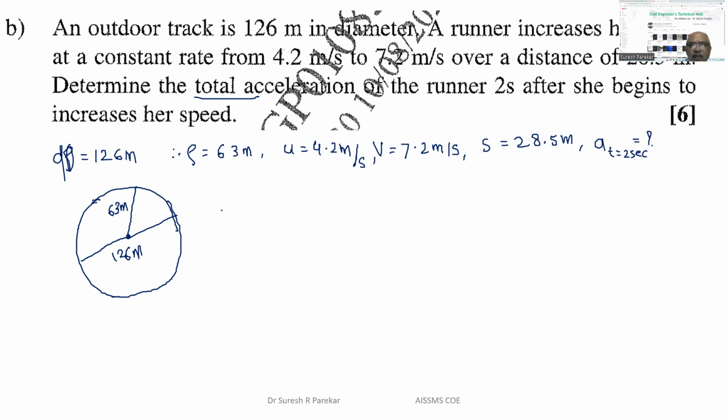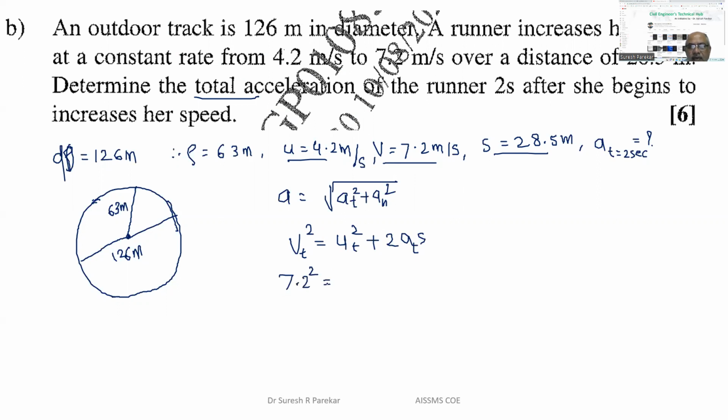So now we have to find a_t, because we know a equals the square root of a_t square plus a_n square. Now a_t we can find because u is given, v is given, s is given. So which formula do we use? v_t square equal to u_t square plus 2 a_t s. Now v_t we have 7.2 square equal to 4.2 square plus 2 into a_t into 28.5.